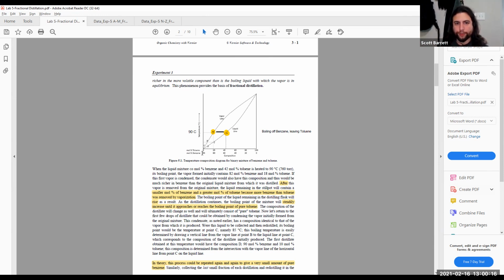You'd be controlling the temperature specifically here, utilizing that 90 degrees Celsius in order to get all of your benzene over and to keep your toluene in your starting flask.